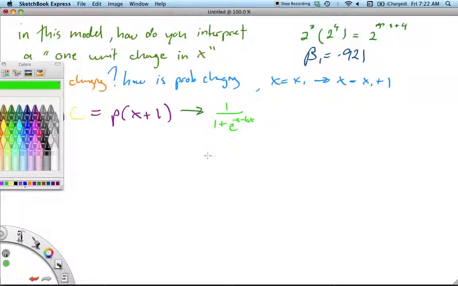Maybe we should just look at the odds. We know that the log of the odds is equal to a plus bx, which is equal to the log of e to the a plus bx over 1 plus e to the a plus bx.